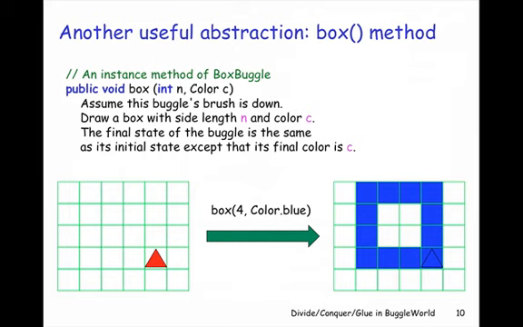The box method takes a parameter n, which specifies a side length of a box, and a color C, and then draws a box of that side length and that color in the way that the buggle is facing. This is very much like the build doghouse method that we saw for puppy buggles. So that's one such method that we will assume exists.